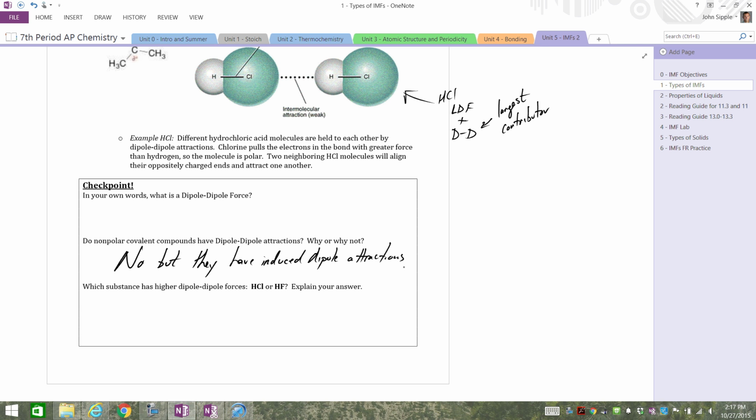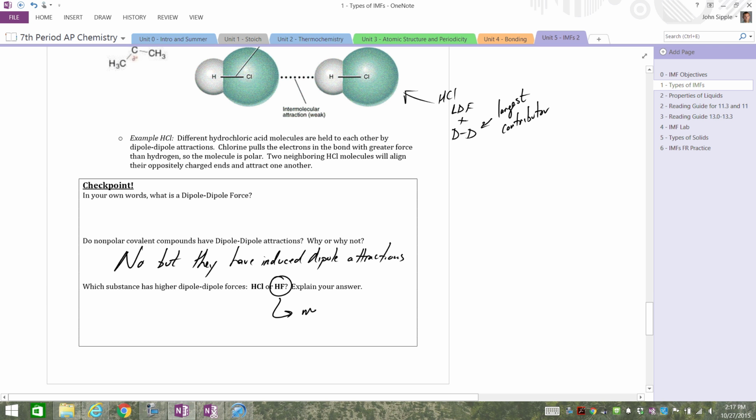Of these two substances, HCl or HF, which has higher dipole attraction? How do we know? One of these is a stronger little magnet, with a stronger positive and negative side. HF does, yes, that's true. Why?